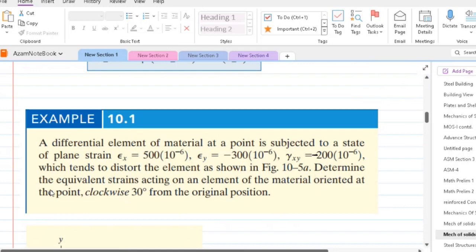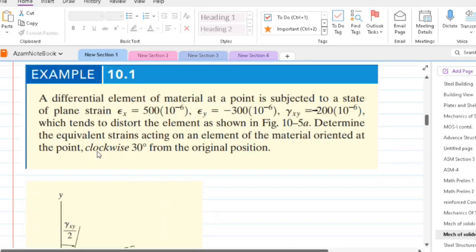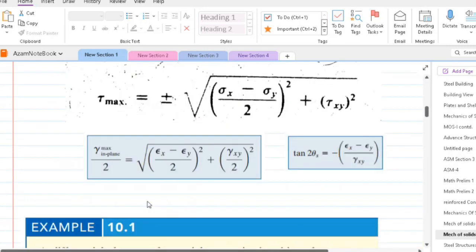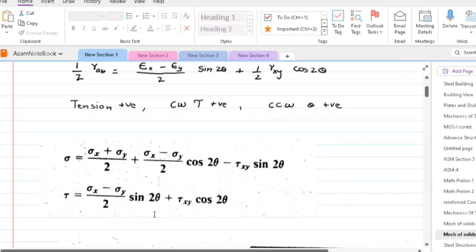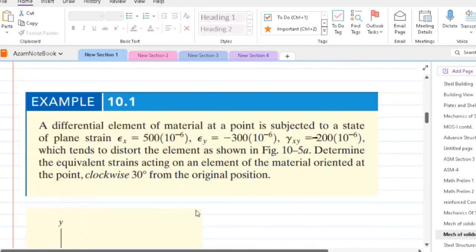We are asked to determine the equivalent strains acting on an element of the material oriented at the point clockwise 30 degree from the original position. So orientation theta has to be negative as per our sign convention. So our expression derived earlier can be easily employed. We are given strain x, strain y, and gamma xy. Theta is 30 degree clockwise.